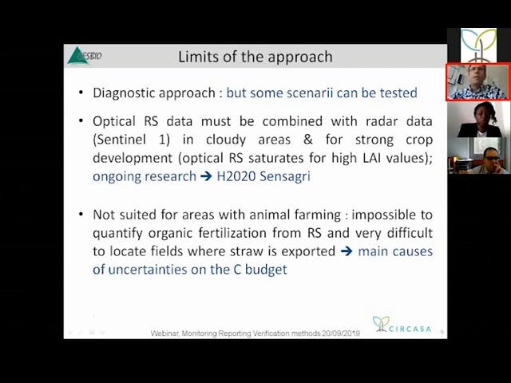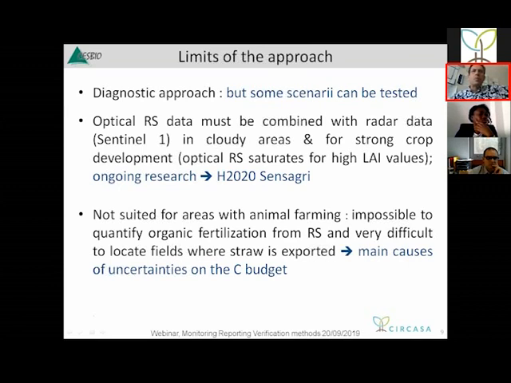Right now, it's only based on optical remote sensing data, but when we want to address areas that are rather cloudy during the crop growing period, we may have to combine those optical data with some radar, like the Sentinel-1 data, in order to overcome this issue.